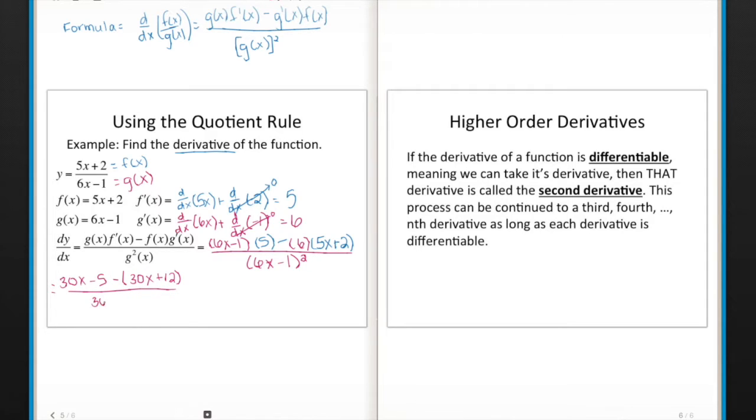And now we expand the bottom, 36x squared minus 12x plus 1.